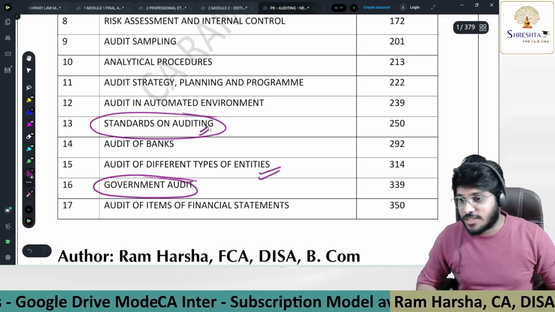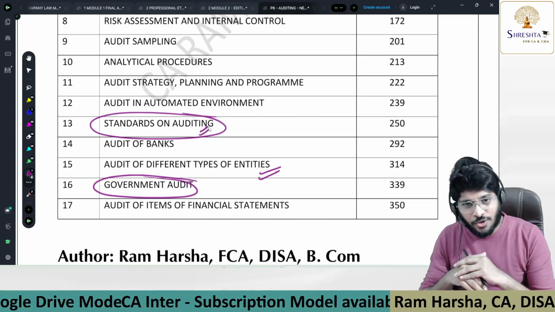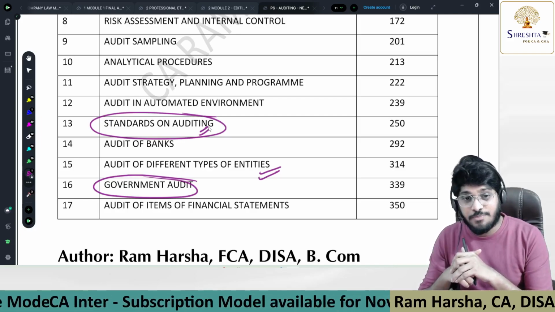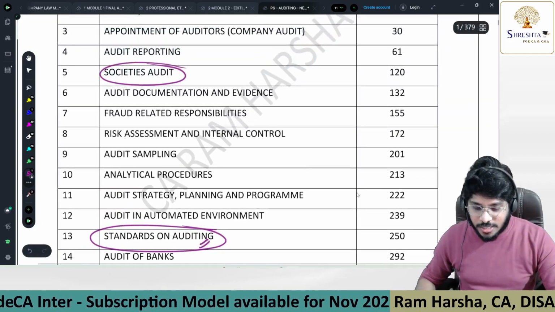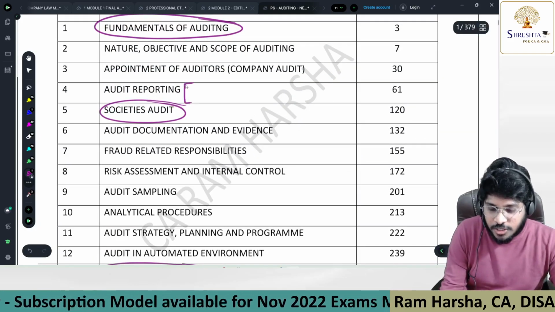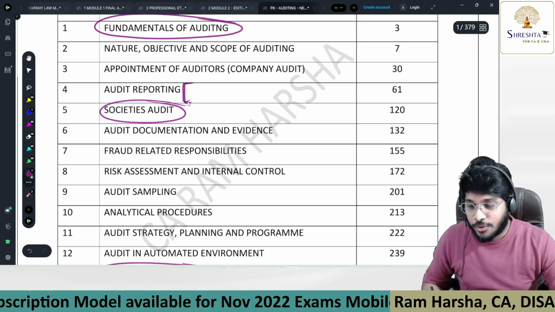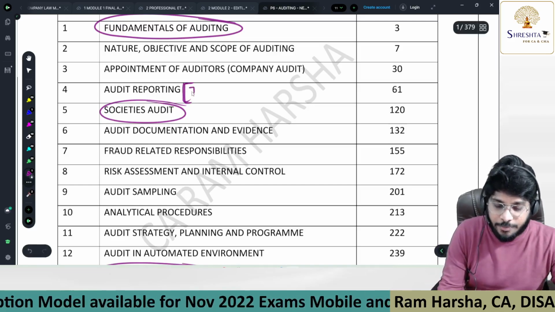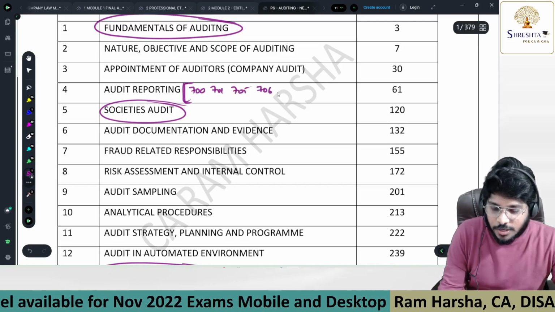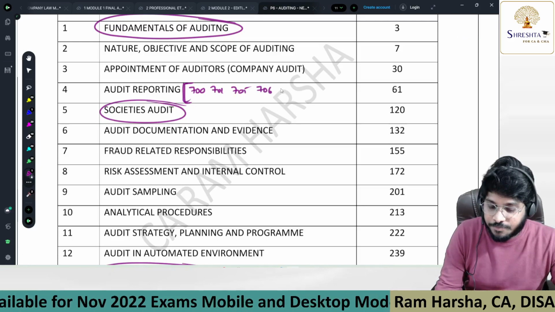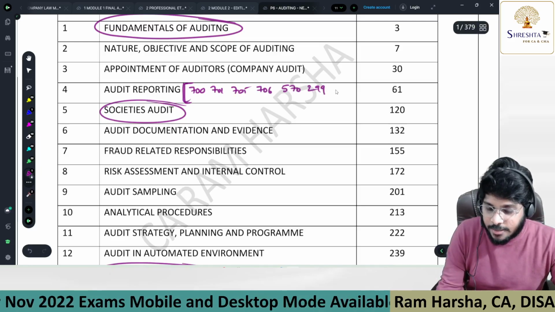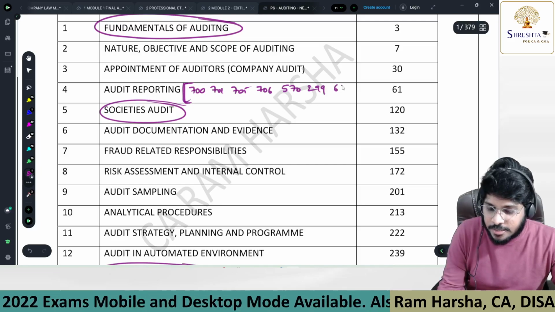Many will ask me this question: sir, standards are very important, no? What are the important standards, they ask me generally. There are some standards which are very important, which are covered as part of the chapter called audit report: that is 700, 701, 705, 706, and we have 570, 299, and 610.